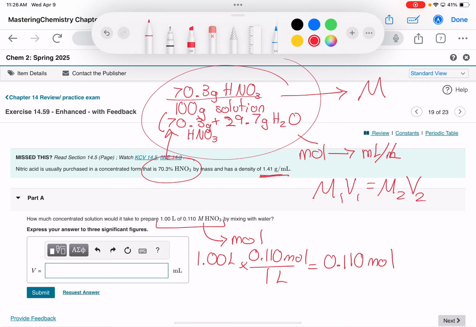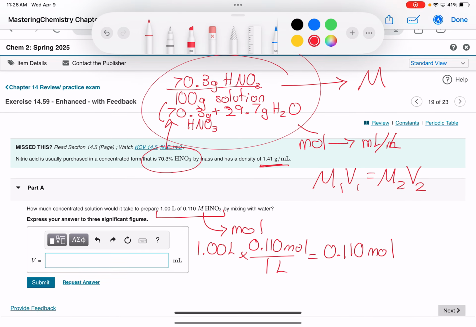So we need to figure out how much of that nitric acid solution we need. So we're going to use that as a conversion factor. We're going to say 0.110 moles nitric acid. But we can't go from moles directly to the percent mass nitric acid because that's in terms of grams, okay?